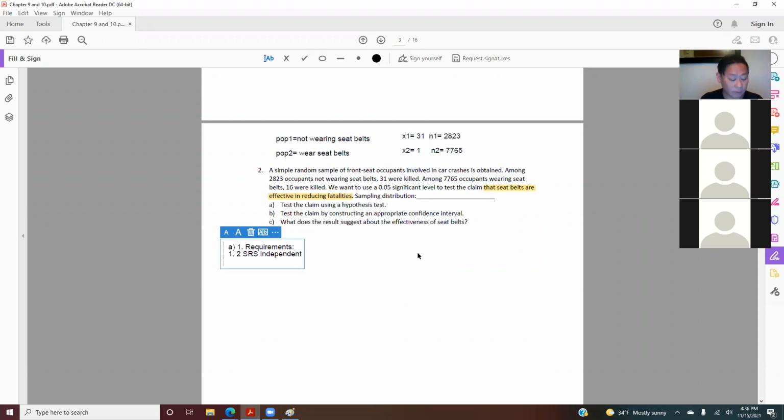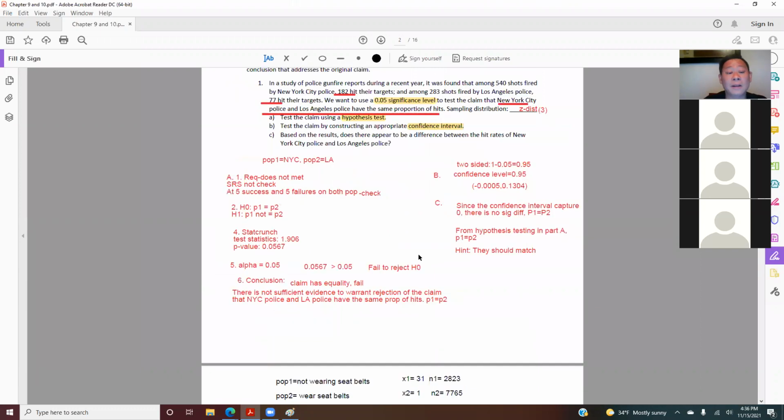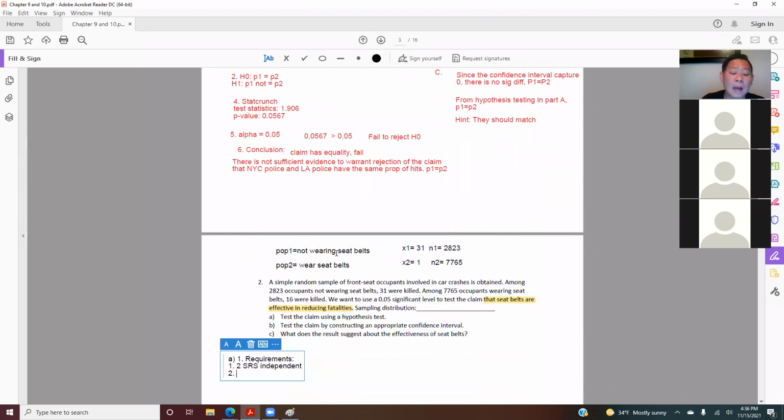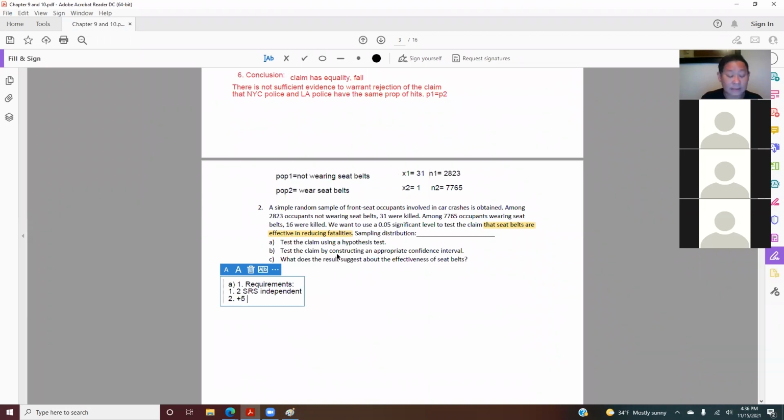The other requirement in section 9.1 says you have to have at least 5 successes and 5 failures for each of the 2 samples.